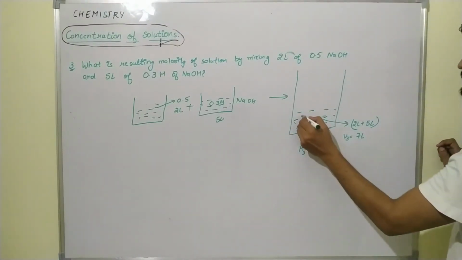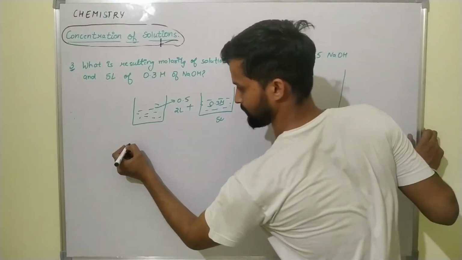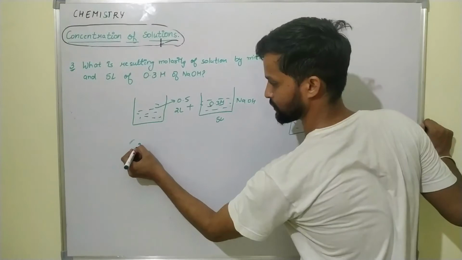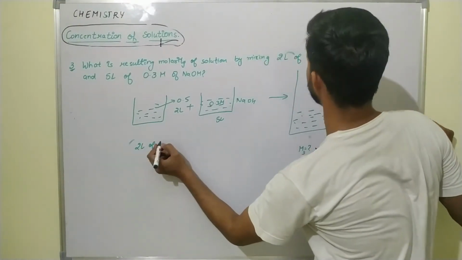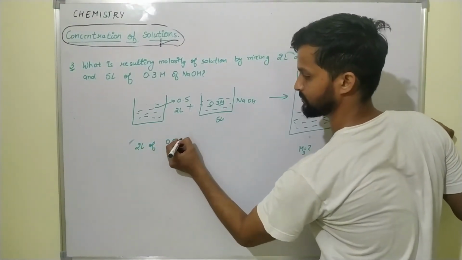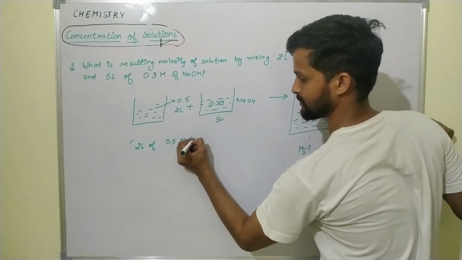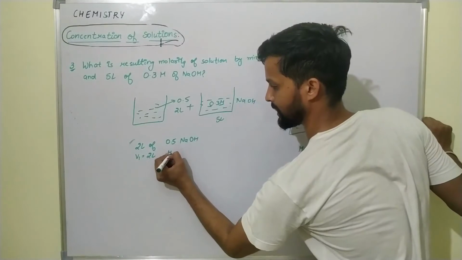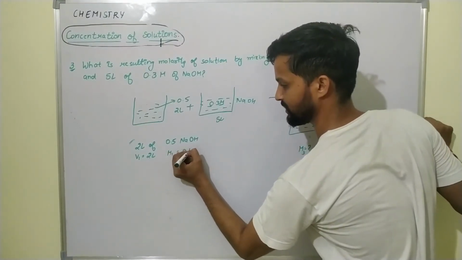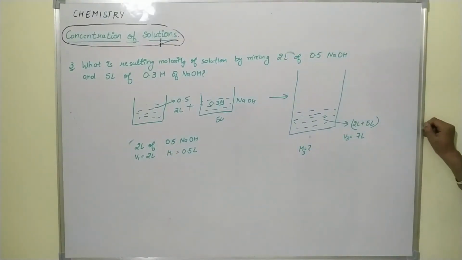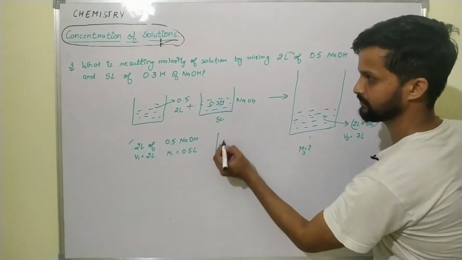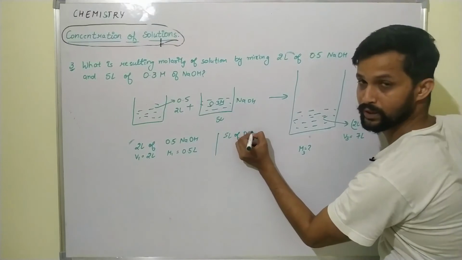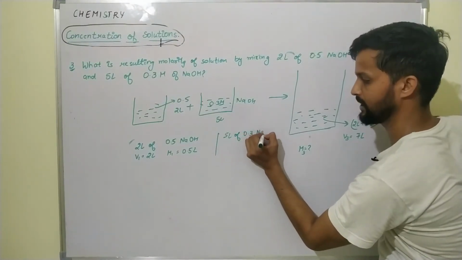So here the formula is, first of all write what is given in the question. 2 liter of 0.5 sodium hydroxide. So here V1 is 2 liter and M1 is 0.5 M. Is it clear? And in the second part they have given you 5 liter of 0.3 sodium hydroxide.